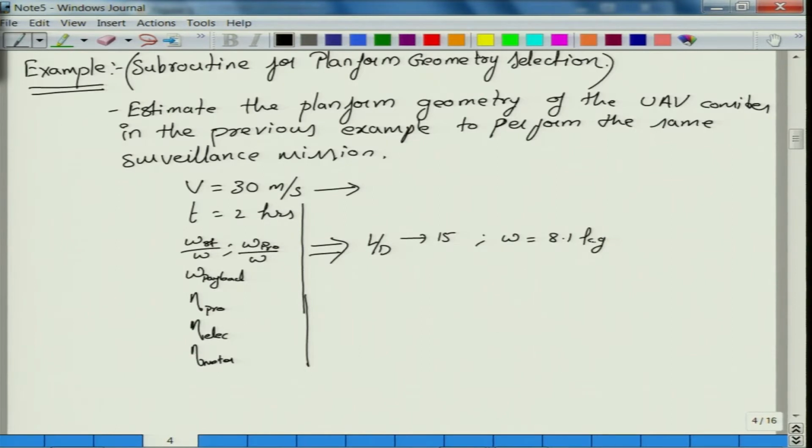This is what is required for us to go ahead with the Planform geometry selection, right. So, what exactly does the Planform have to do here?